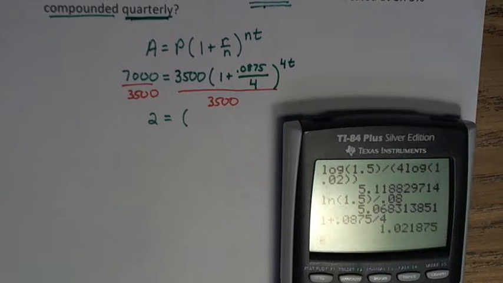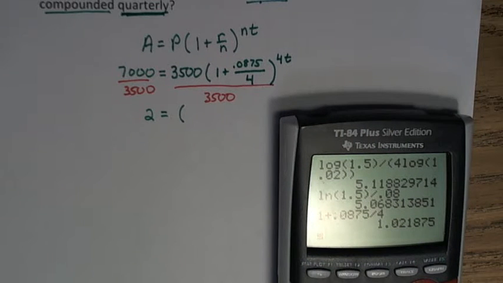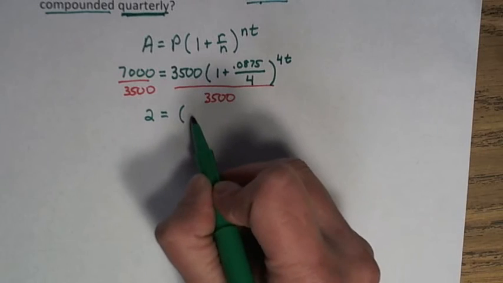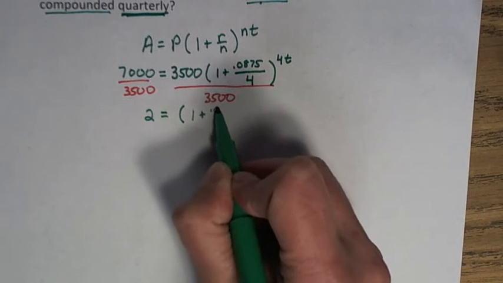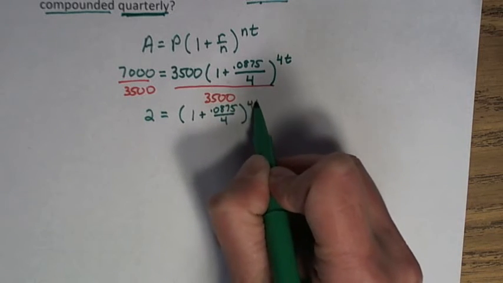What's that going to give me? Well, it's a big long decimal, and at this point it's very important that I maintain all those decimal places so that my final answer is more accurate. So you have the choice of leaving it in this form or using the decimal representation form. I'm going to choose to leave it as 1 plus 0.0875 divided by 4 raised to the 4t.